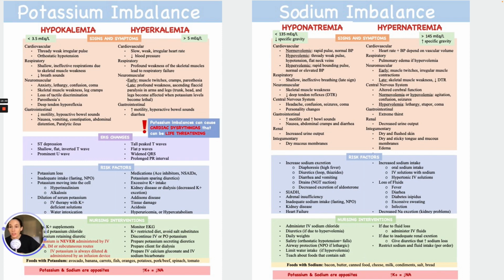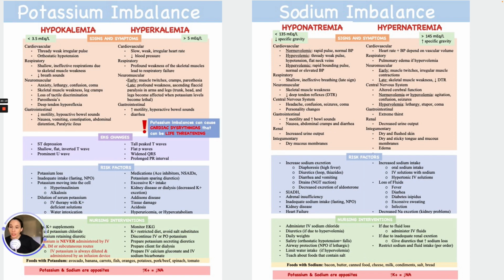Risk factors are loss of potassium, inadequate intake of potassium from fasting and PO, potassium moving into the cell, so hyperinsulinism and alkalosis, dilution of serum potassium, so IV therapy with calcium deficient solutions or water intoxication.